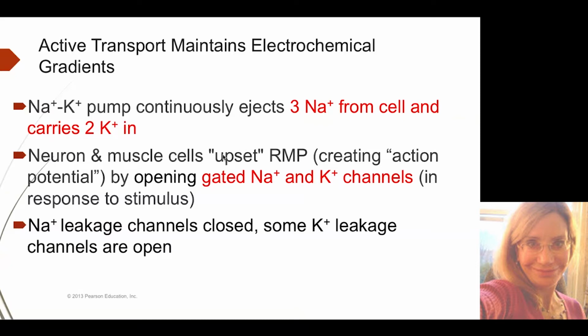Neuron and muscle cells actually will upset the resting membrane potential, and we call this creating an action potential, by the opening of gated sodium and potassium channels in response to some stimulus.